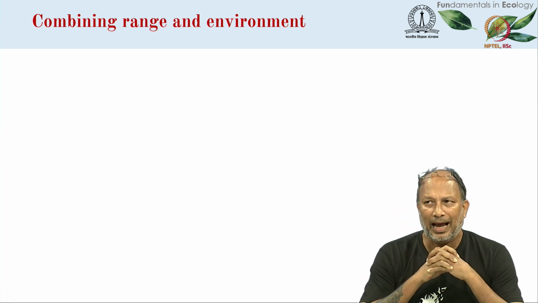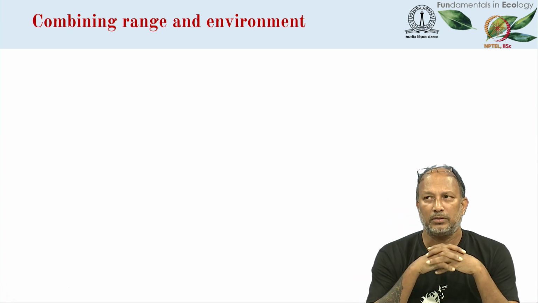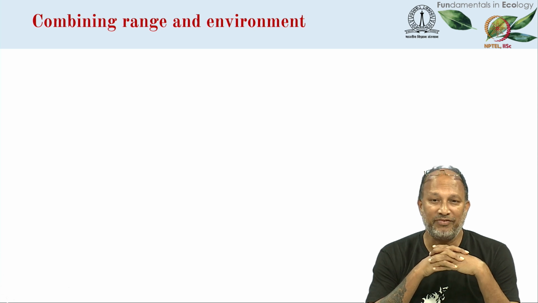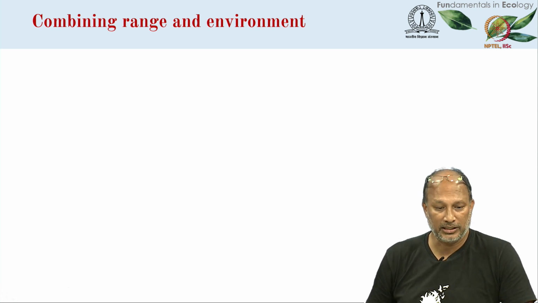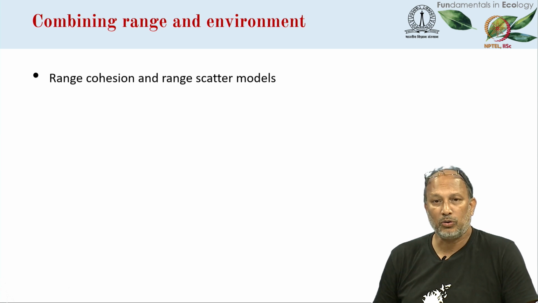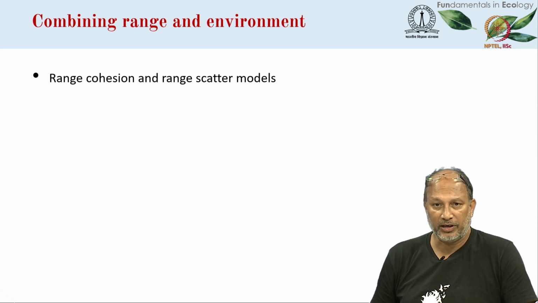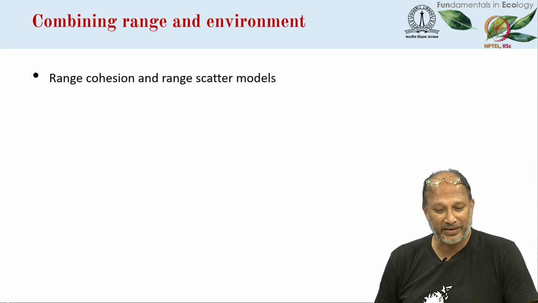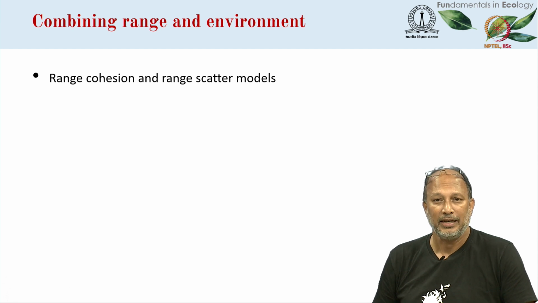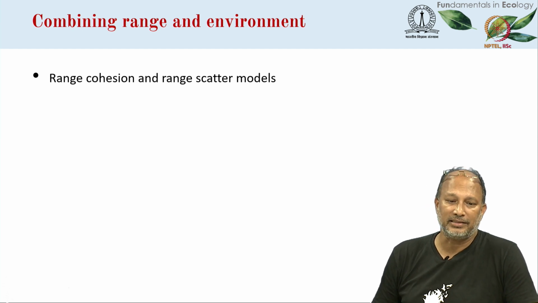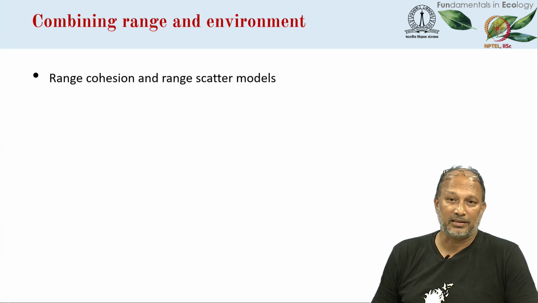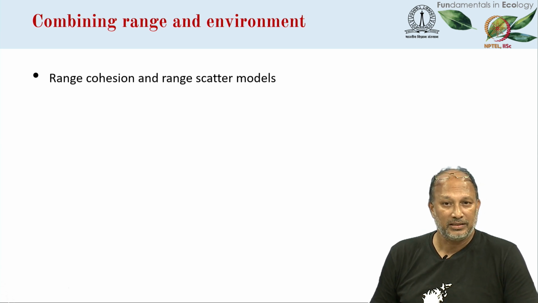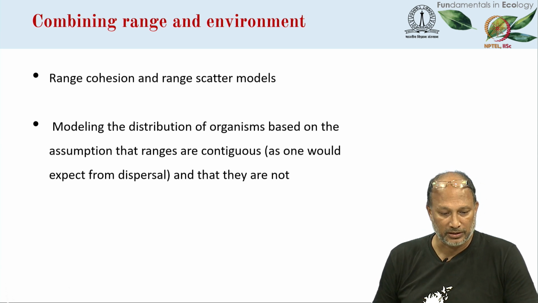Now, having said that, models that effectively combined range and environment did not exist in the early 2000s. And so a group of ecologists came up with this idea of range cohesion and range scatter. The idea inherent here is simply that the underlying factor that results in the overlap is the fact that these ranges are contiguous.